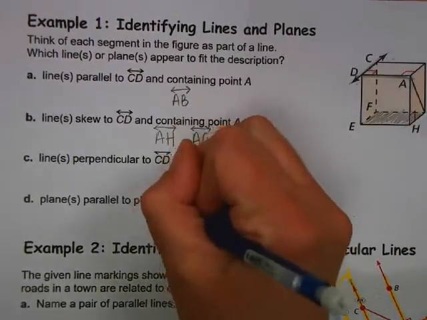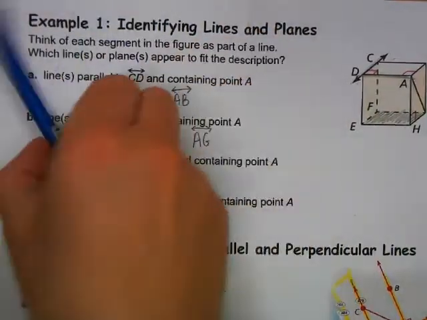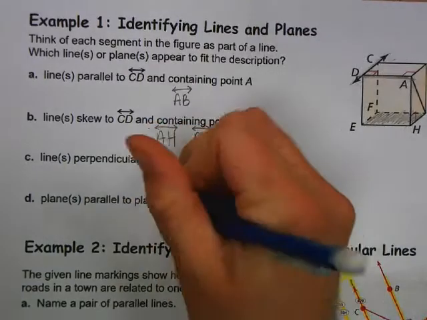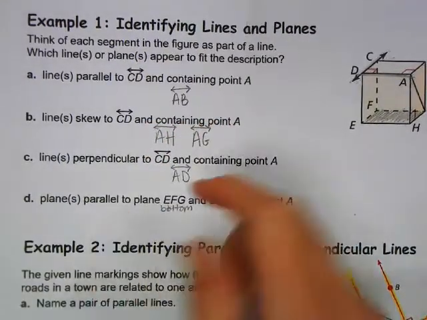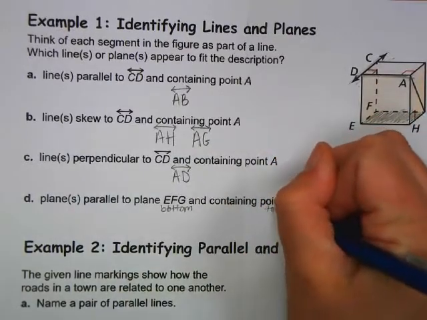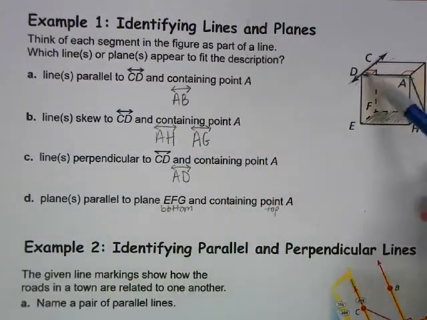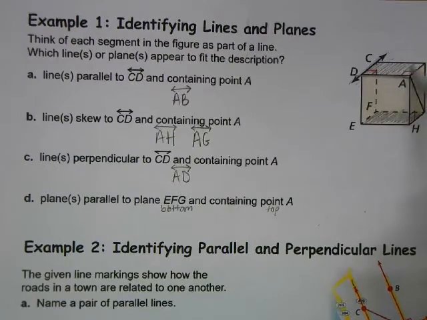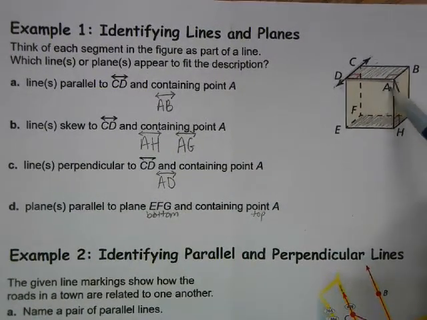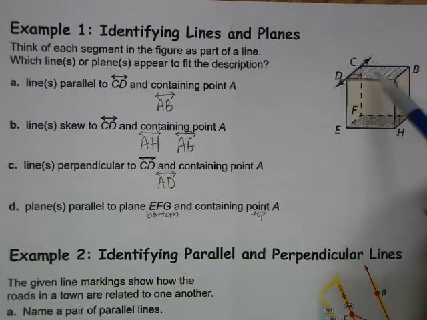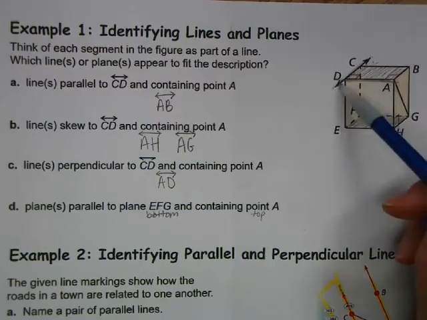So if that's the bottom, and you want something parallel, then you need to look for the top plane that contains point A. So you can call that plane ABCD, you can call it plane ABC, you can go the other way and call it ADC.